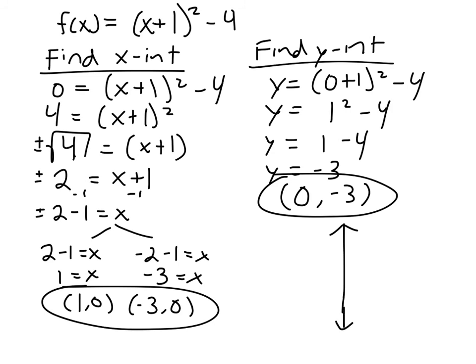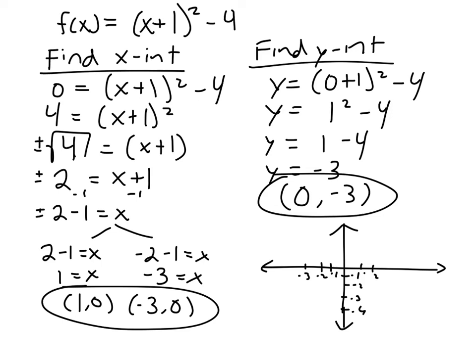I could graph this, so I'm going to go ahead and do that. I know that the vertex is at negative 1, negative 4.